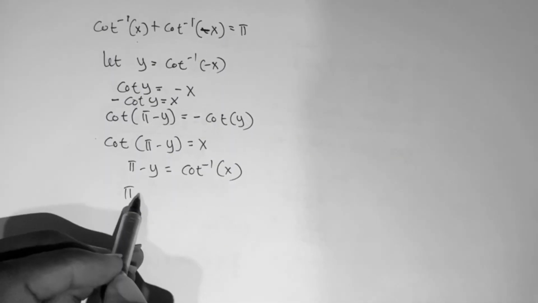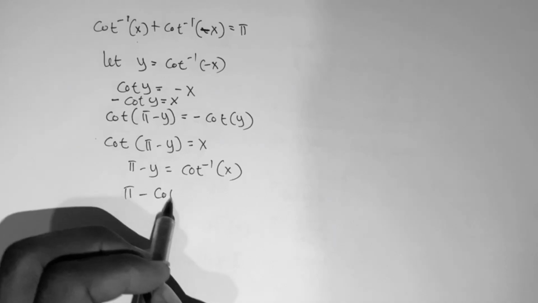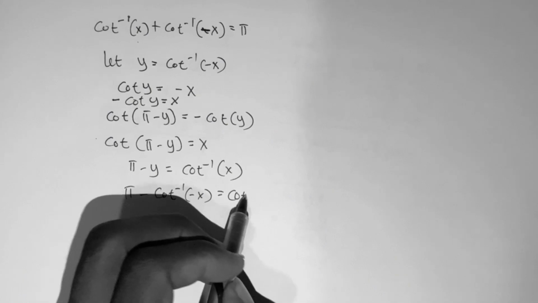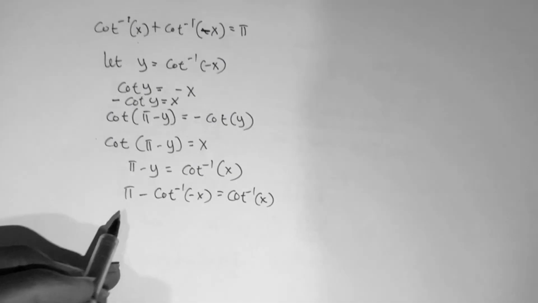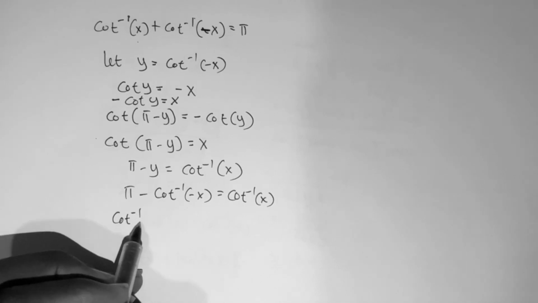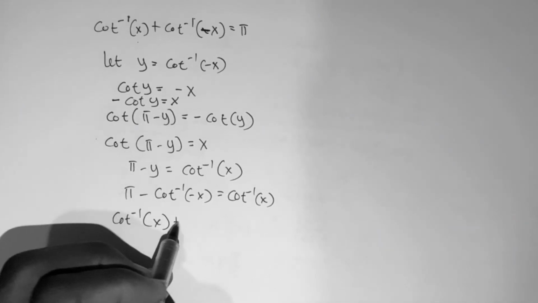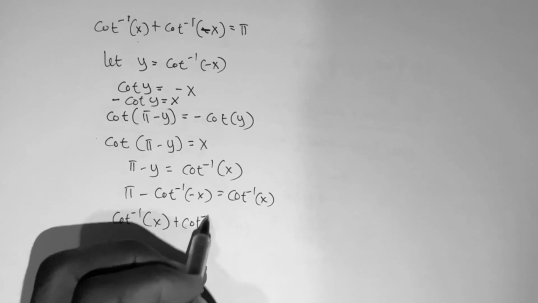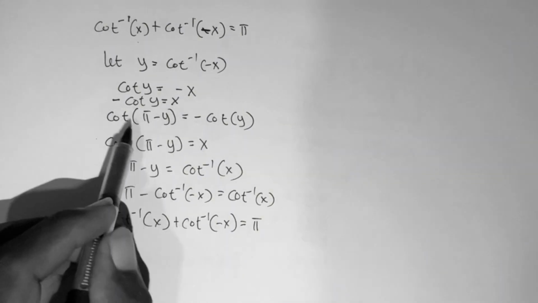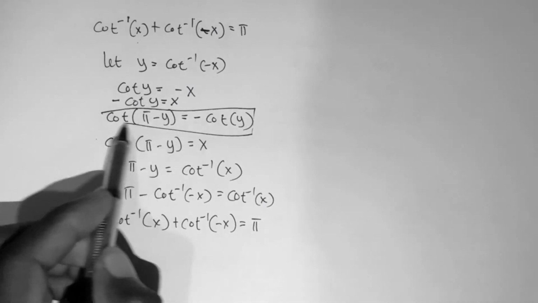So pi minus cot inverse of minus x is equal to cot inverse of x, and therefore cot inverse of x plus cot inverse of minus x is equal to pi. Now, why is this identity true?